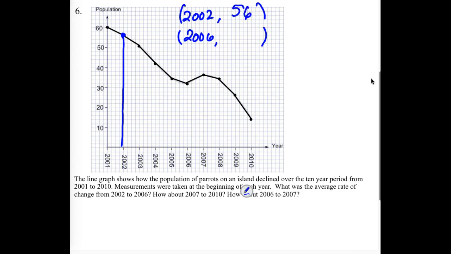All right, in 2006, we're looking at this point. What is my y coordinate? 32. So can I use those values and figure out a rate of change? Okay, change in y, doesn't matter which order you subtract them in. If we do 32 minus 56, then what do we have to put in the denominator?